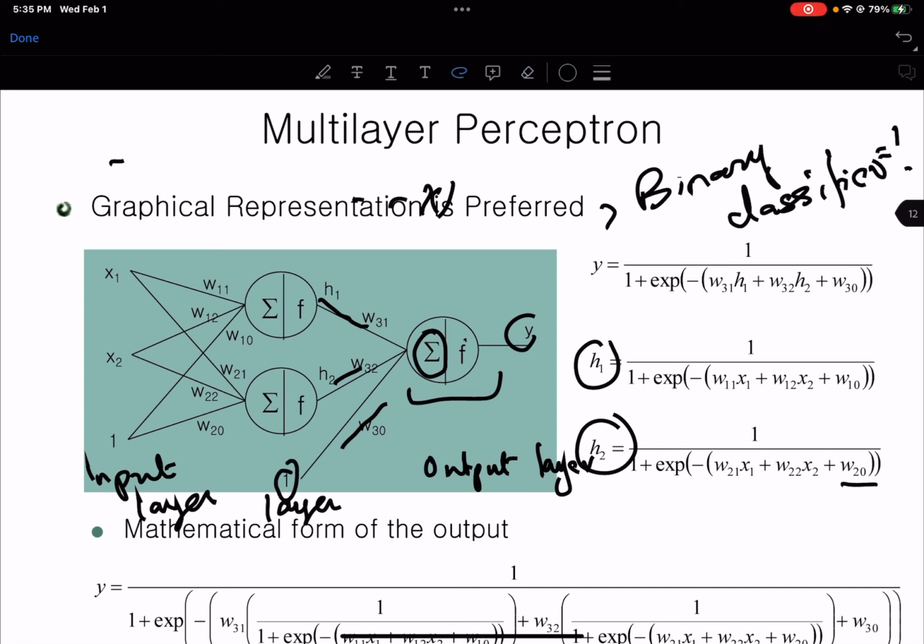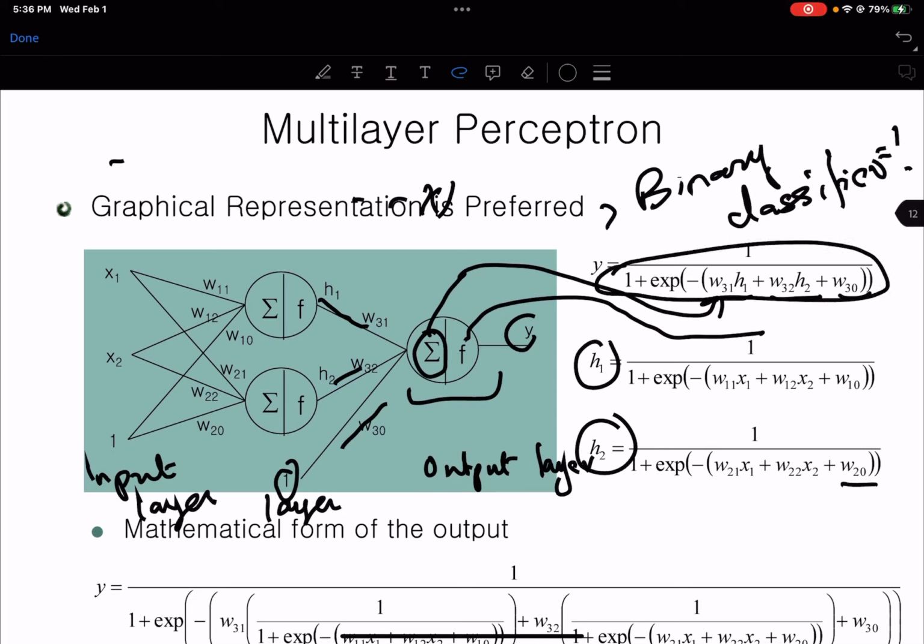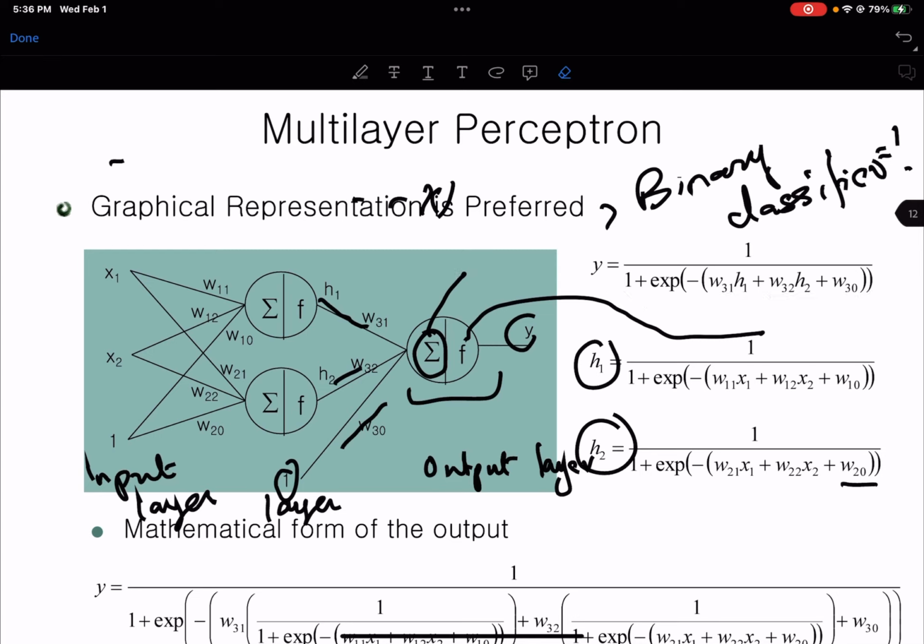So we have W31 multiplied by H1, W32 multiplied by H2, and W30 multiplied by 1. That is the summation part. And then the transformation function is f of x. So that is how you can represent that.